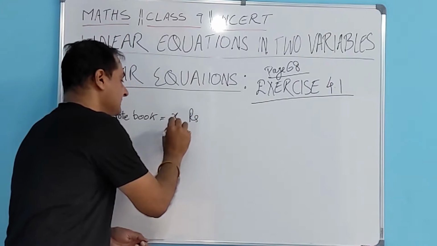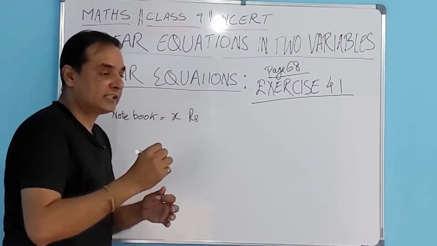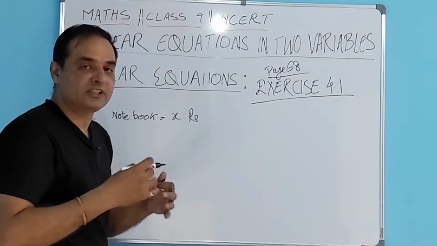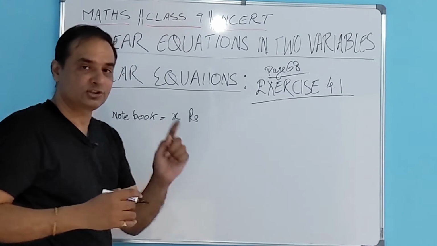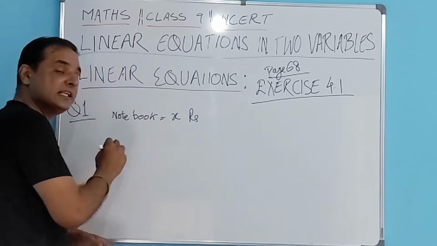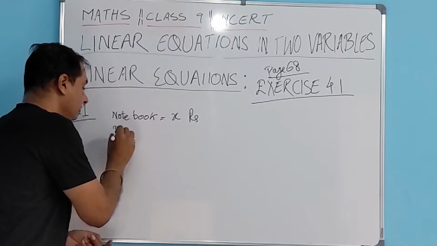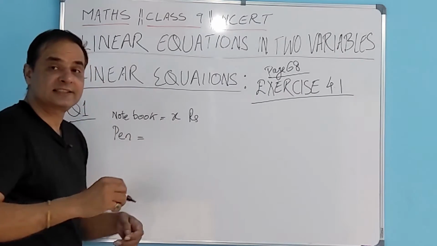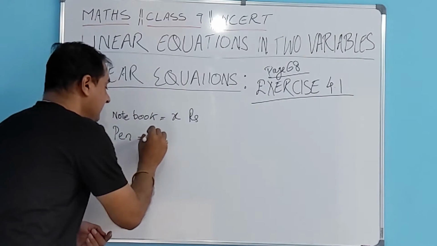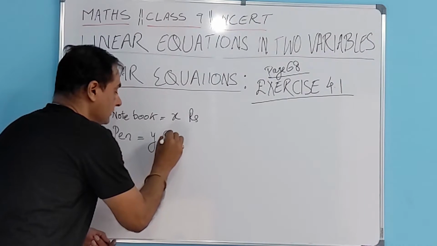So let's give the name of this variable as x. That is the first thing with which we are starting. Then we say the cost of the pen, and let's just say that it is y rupees.